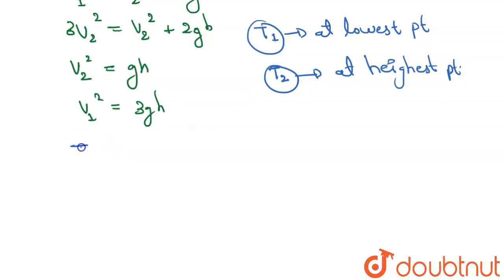Alright, so T1 is equals to mv1 square over r plus mg.